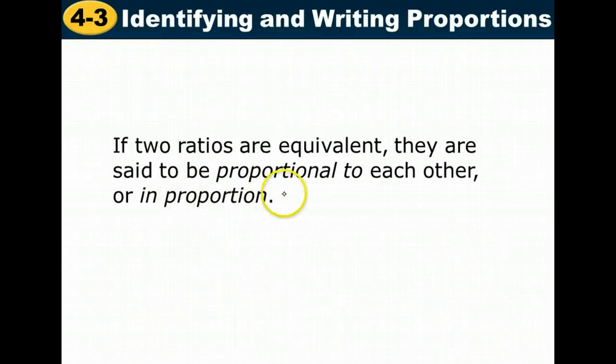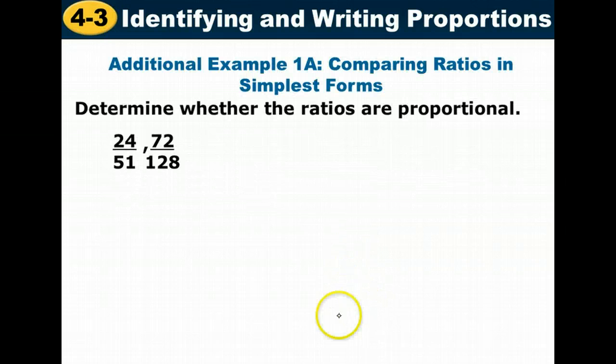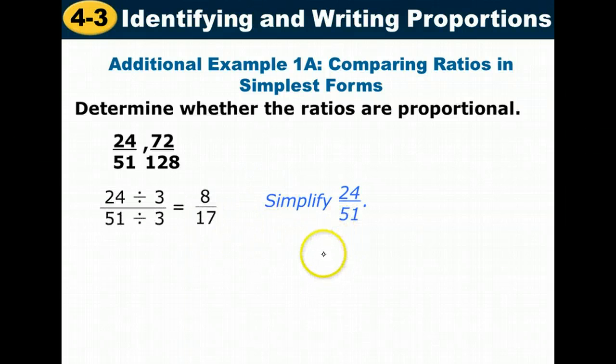Alright, so again, if two ratios are equivalent, they are said to be proportional to each other, or they are in proportion. Now, let me tell you guys different ways that we can determine if ratios are equivalent. One way is to simplify. So we have 24 to 51 and 72 to 128. Let's see if they are in proportion.